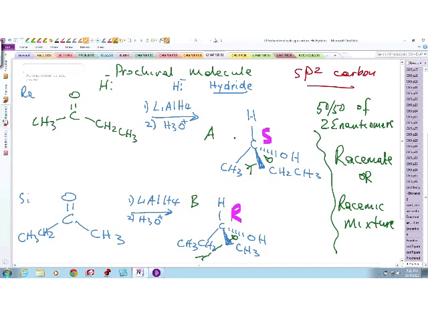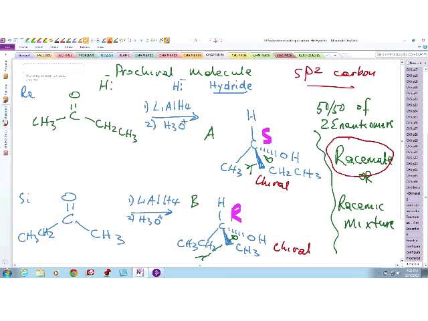Now, keep in mind at this point, each one of the enantiomers is a chiral molecule. This here is chiral. This here is also chiral. But the mixture, the racemic, this mixture here is achiral. Okay?